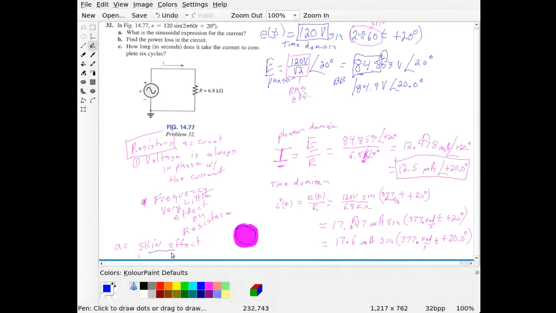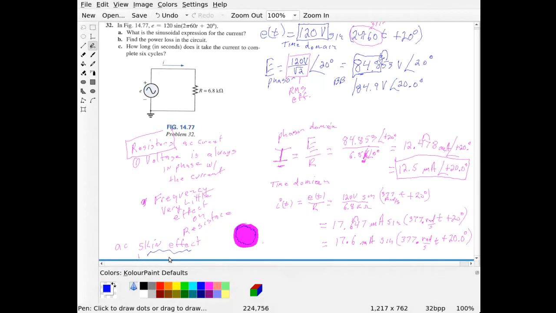It's what they call the skin effect, and as the frequency goes up, it becomes more pronounced. So there is a little bit of difference as the frequency changes, but it's very slight until you really start getting up into gigahertz frequencies, where it becomes much more pronounced. But at 60 hertz or 50 hertz, which we use for power, it isn't a big deal.